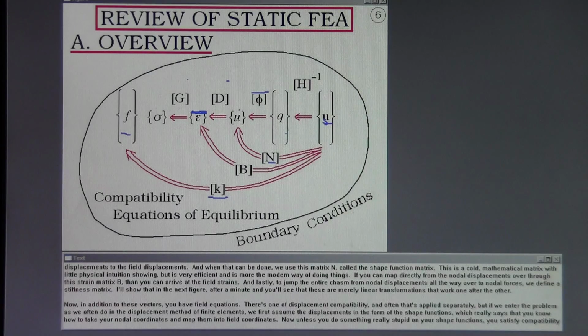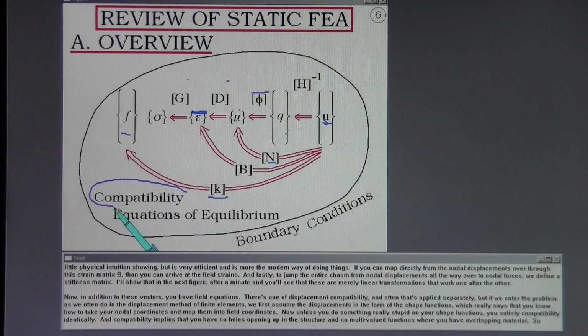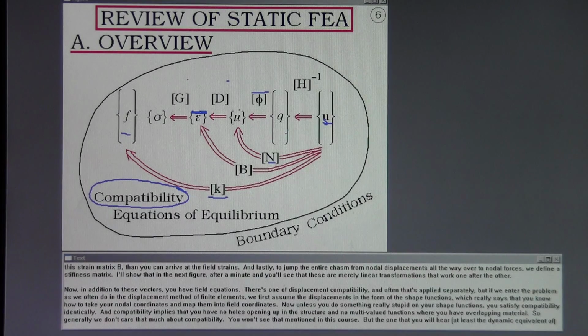Now, in addition to these vectors, you have field equations. There's one of displacement compatibility, and often that's applied separately, but if we enter the problem, as we often do in the displacement method of finite elements, we first assume the displacements in the form of the shape functions, which really says that you know how to take your nodal coordinates and map them into field coordinates.